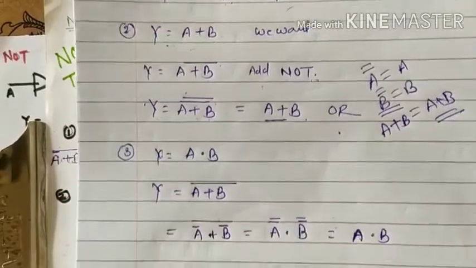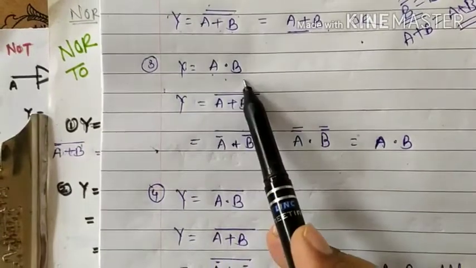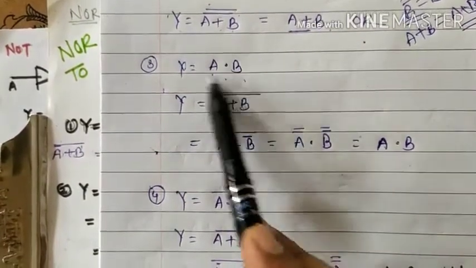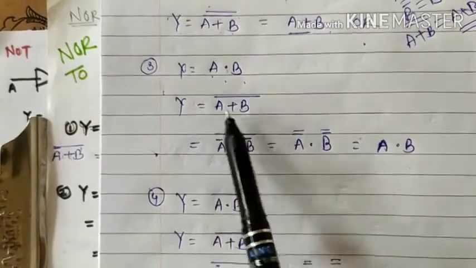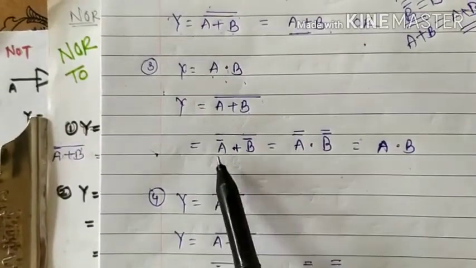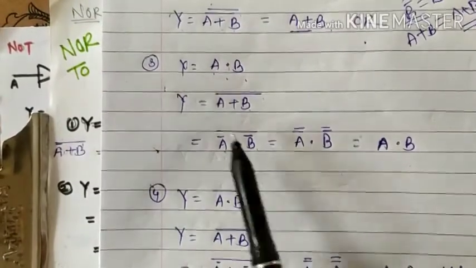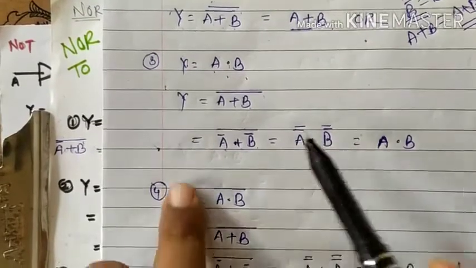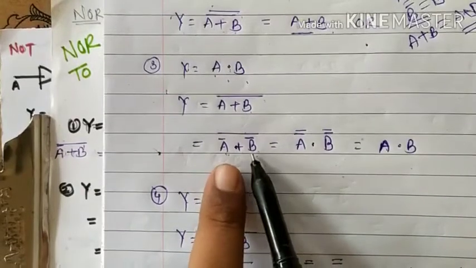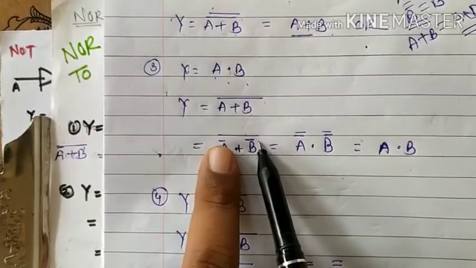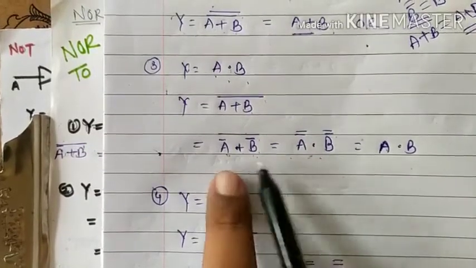The first two tasks are very simple, but see here the next one: y is equal to a into b. We want an AND gate with the help of a NOR gate. The NOR gate is y is equal to (a plus b) bar. You have to implement (a bar plus b bar) and take the whole NOR. Whole NOR means one NOT on a, one NOT on b, and in between these two there is one NOR gate. So the equation becomes a double bar into b double bar. Why does this multiplication come here?